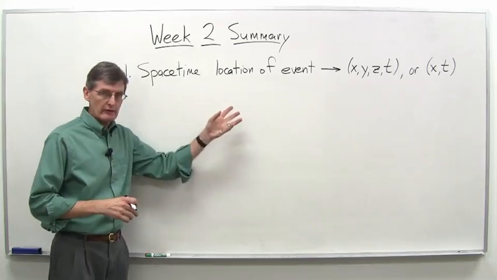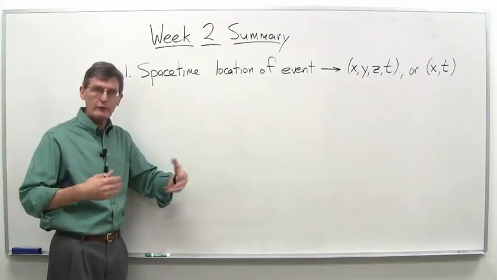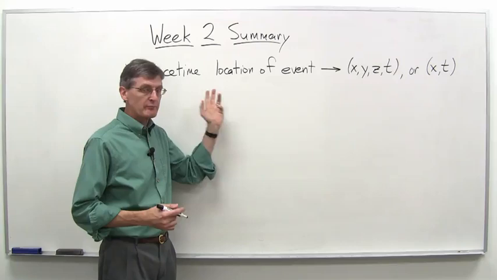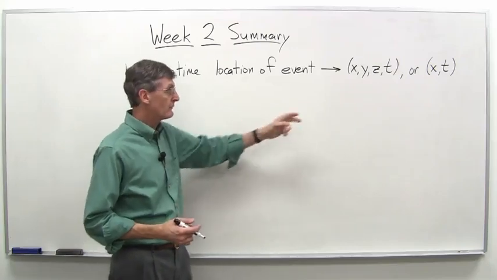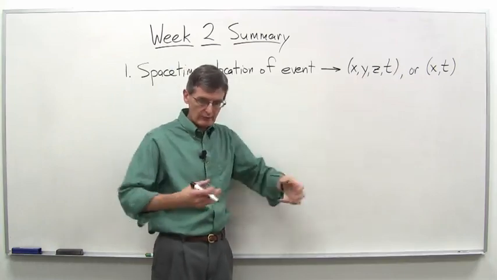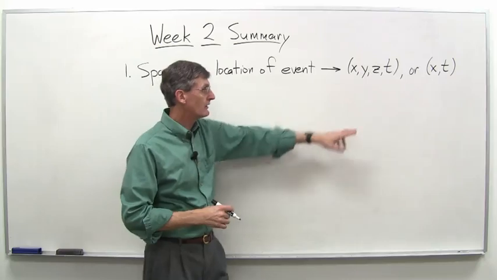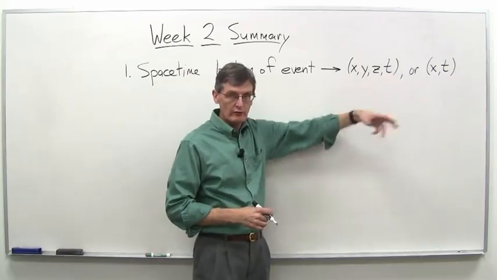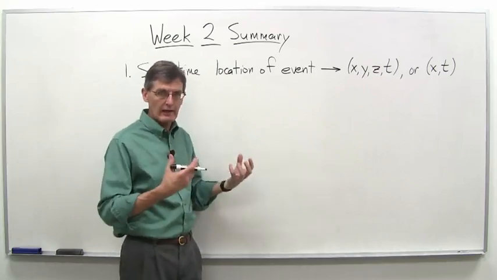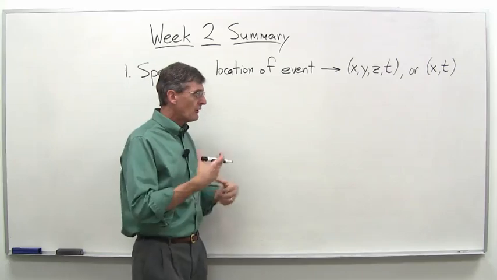So, space-time location of event. The theme for the week was events, clocks, and observers, and so we talked about how we can specify that event via a coordinate system in 3 dimensions, x, y, and z, and then a time coordinate, so that if an event happens, we record its x, y, and z location and its time at that location.